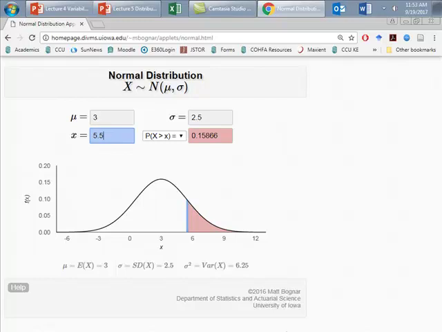Because why? Yeah, because it's symmetrical, right? Because this is only showing me the positive side. It's not going to work, but I'll try it. 3 minus 2.5 is 0.5.